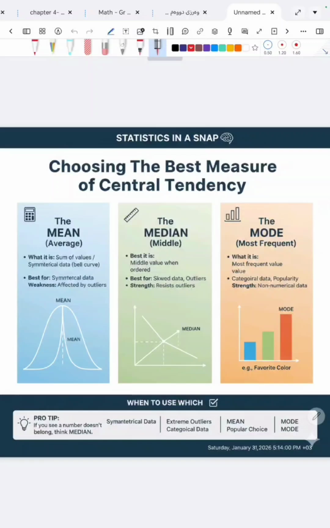If the data set does not consist of an outlier, then the mean is the best. Then mode: when about half of the data points are the same, the mode is the best, and also when the data is non-numerical. We don't care about the numbers in mode.